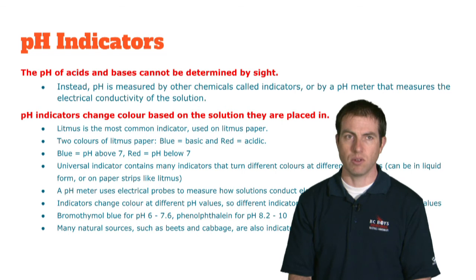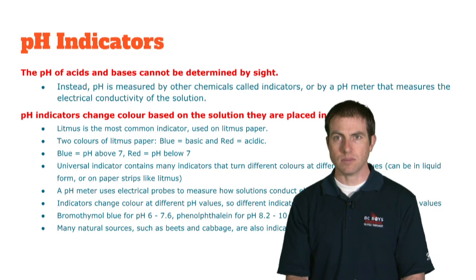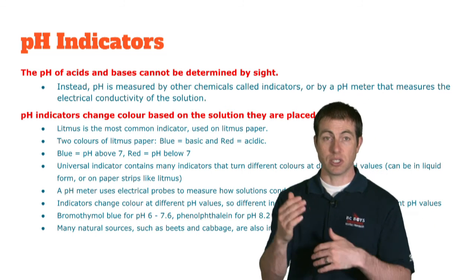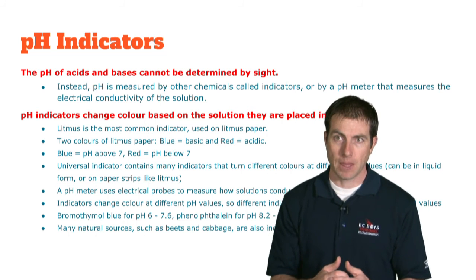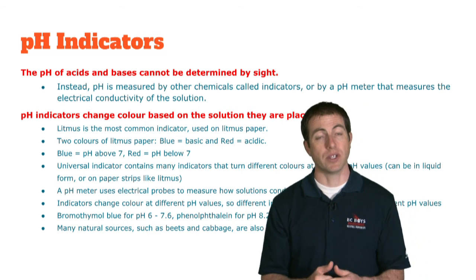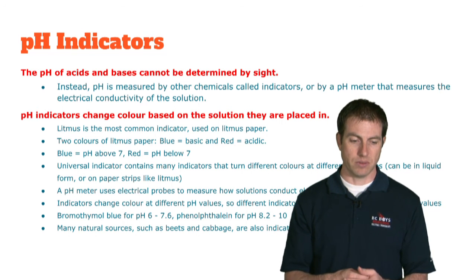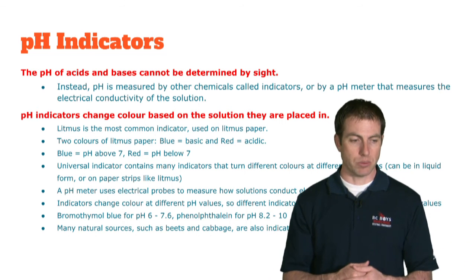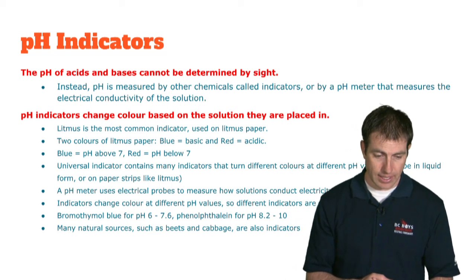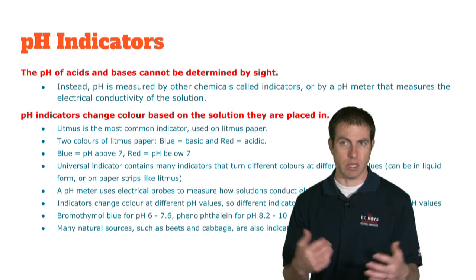Has anyone done that before with a pool or a hot tub? It's a way to figure out how many chemicals you have in there. It's really common to figure out the pH of your pool. You want to have a certain pH in your pool to keep the chlorine level stable and things like that.